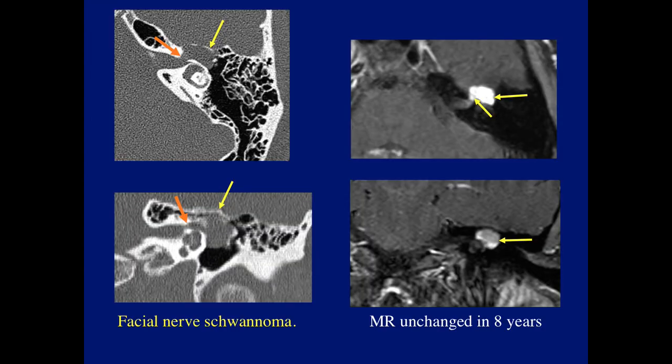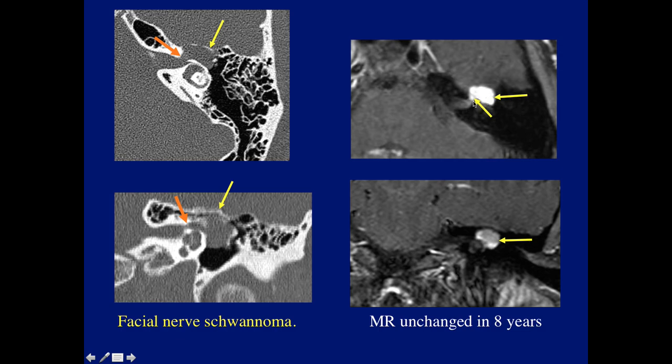Another case we had, notice the enlargement of the labyrinthine segment of the facial nerve, of the facial canal. Look at the erosion and expansion of the roof in the region of the genicular ganglion. There's a mass here. Look at the marked enhancement here.